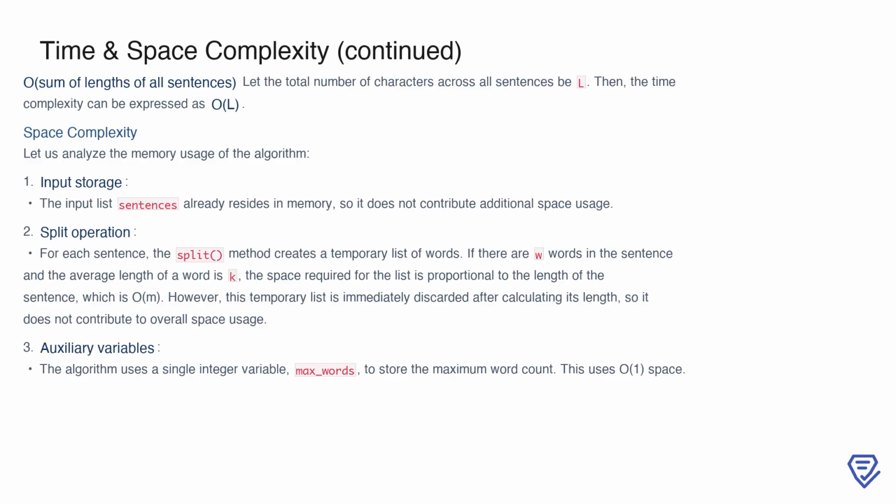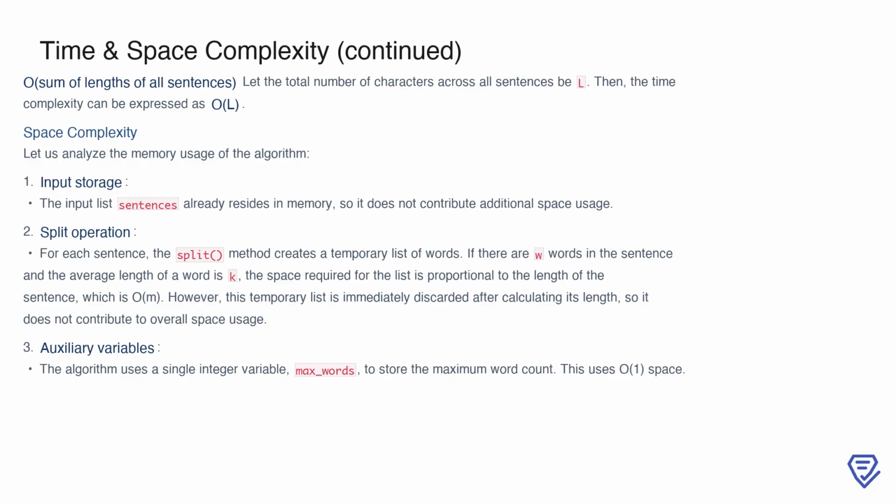Now, let's analyze the space complexity. The input list of sentences resides in memory, but it doesn't require any additional space allocation. When we call the split method, a temporary list of words is created for each sentence. If there are W words in a sentence, and the average word length is K, the space required for this list is proportional to the length of the sentence, or O(m).